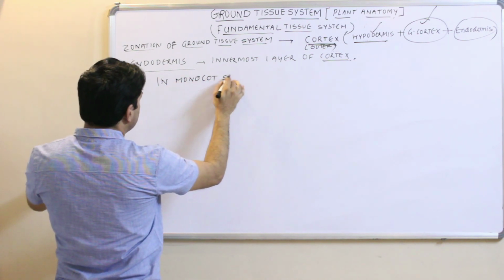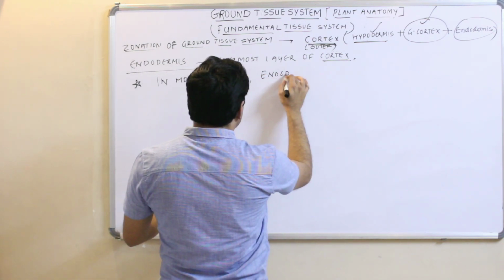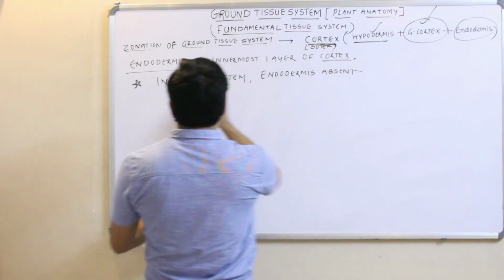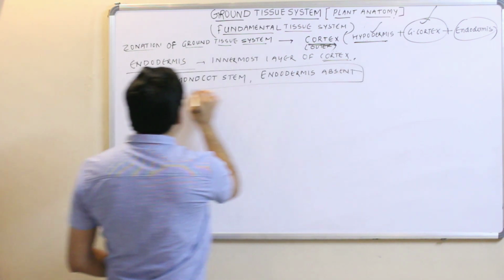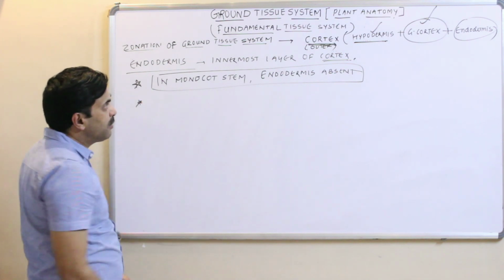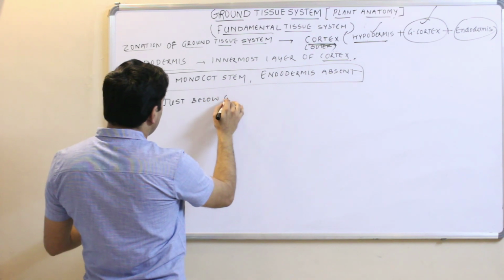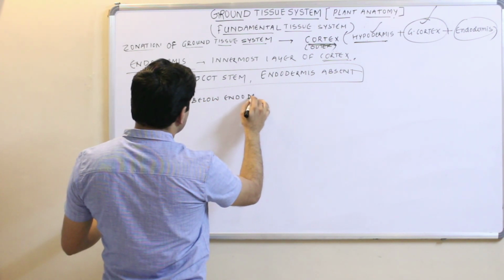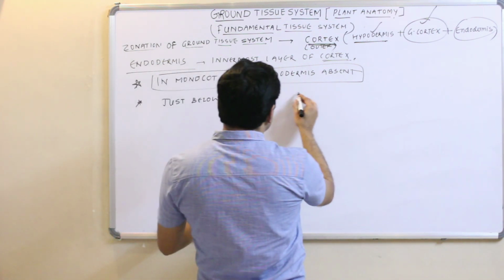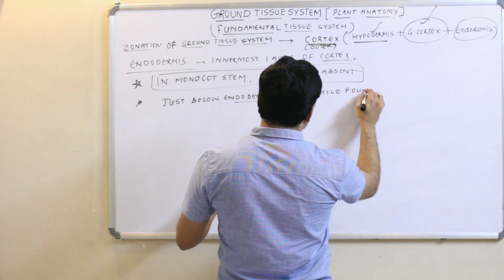Now, one thing to be noted here is that in monocot stem, endodermis is absent. Particularly in monocot stem, there is no endodermis found. Point number one. Number two, just below endodermis, pericycle is found.